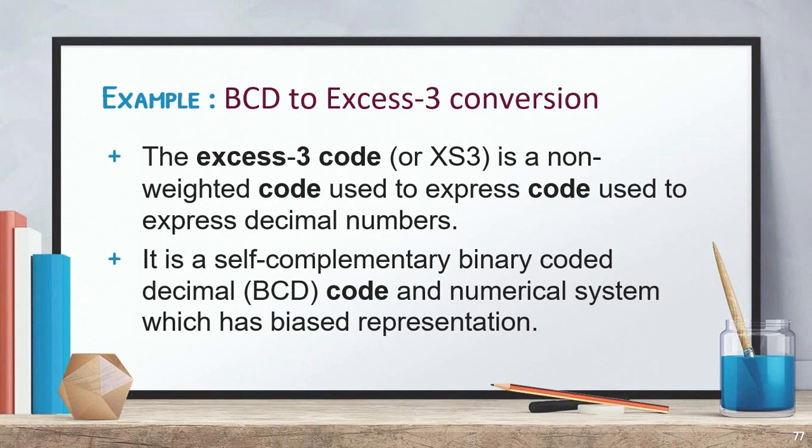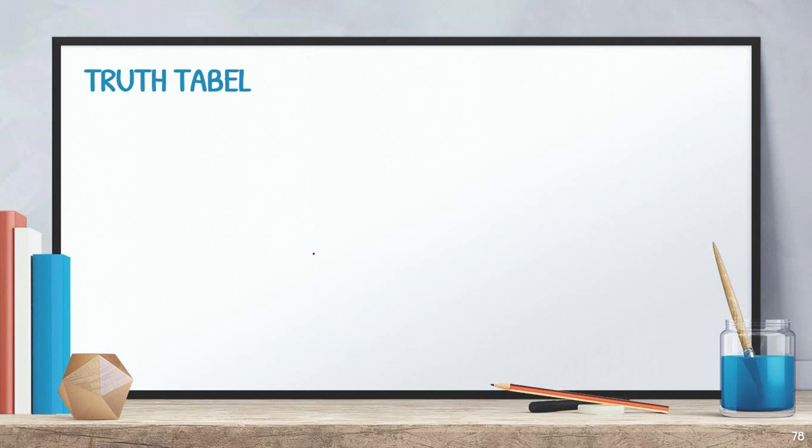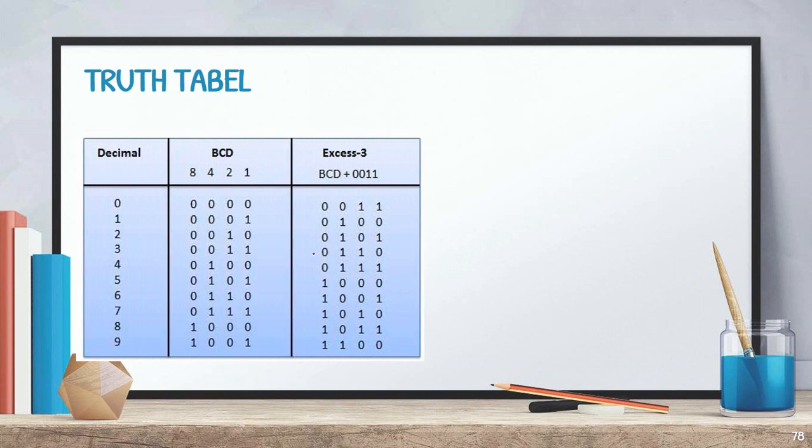Now, we can discuss what this XS3 code is. XS3 code, as the name itself says, is the addition of 3 to the BCD. If you add 3 to your BCD number, whatever output you get is known as the XS3 number. So we can make the truth table of this representation.